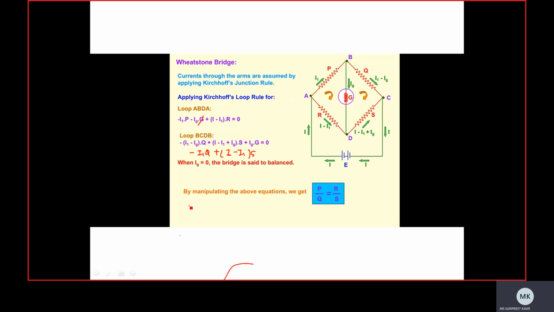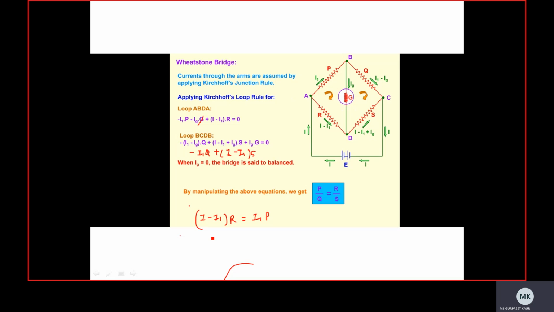I am writing here. If this minus I1P is taken to the other side, what you will get is I minus I1 into R equals I1P.